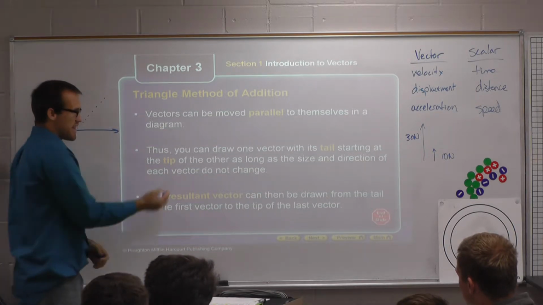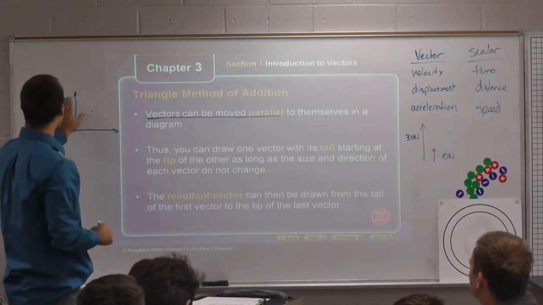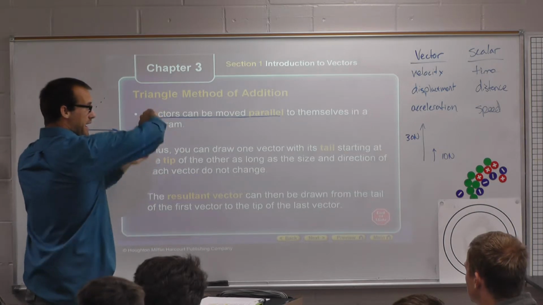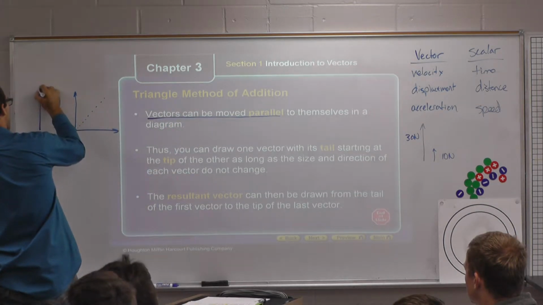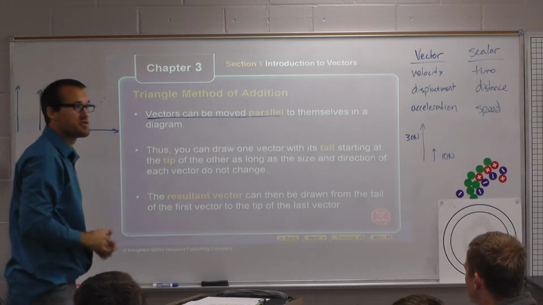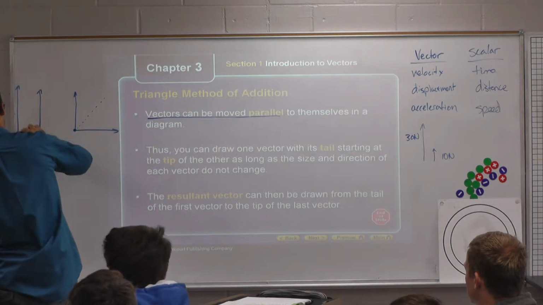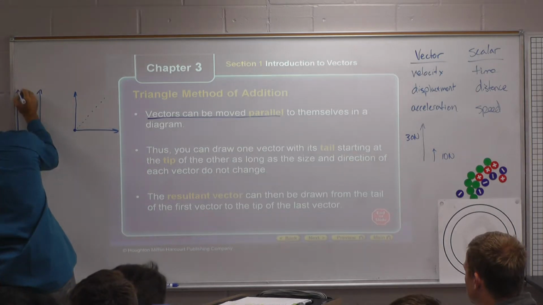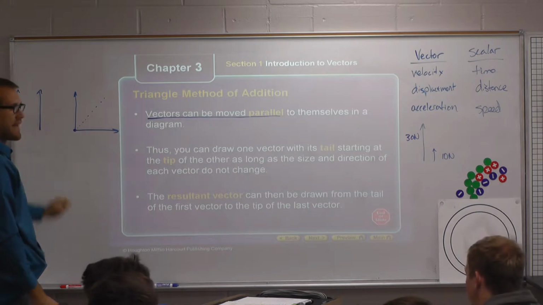And here's how we do it. It says vectors can be moved parallel to themselves. So I could take this vector arrow and go this way or this way. I cannot spin it. For example, if I move it this way or further this way, assuming I kept the arrow the same length, is the magnitude and direction of all three of these the same?